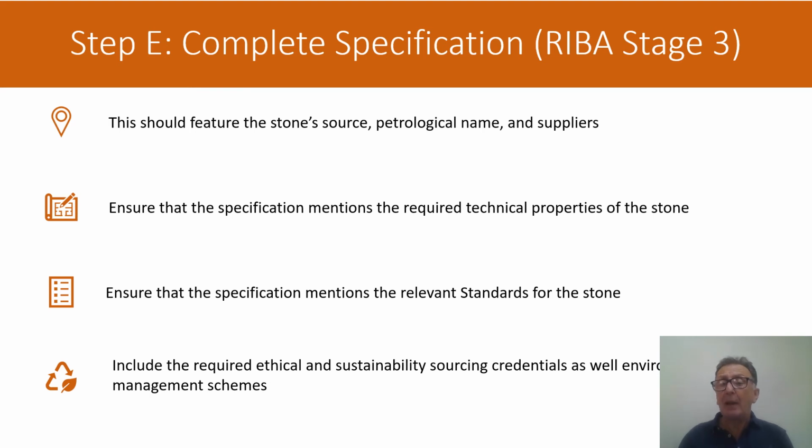I have seen this happen on past occasions where clients have thought that they'd clearly established what stone was supposed to be supplied, only to find that at a very late stage another material is introduced to the project with lesser credentials and qualities, and this has led to significant problems.